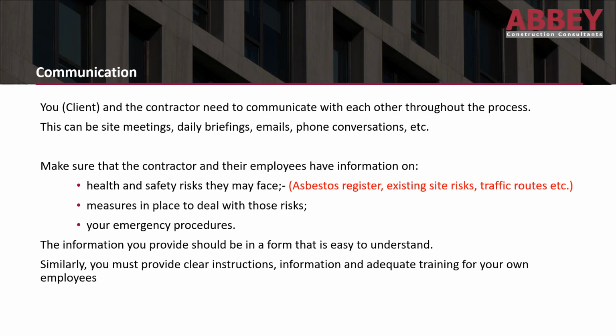And that could be asbestos registers, an existing site risk portfolio, any traffic routes, pedestrian routes, any fragile surfaces, all that type of information. Make sure there's measures in place to deal with those risks and make sure they're aware of them, and what your current emergency procedures are so that they know what to follow, where to go, who to report to. The information you provide should be in a form which is easy to understand.